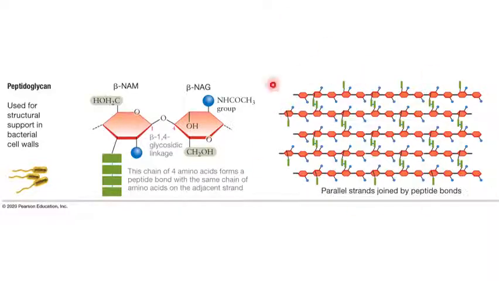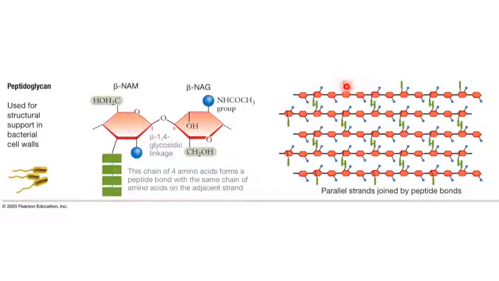If you zoom out on that structure, you're going to see your straight chains of peptidoglycan. Anytime you build a polysaccharide with the beta-1,4 glycosidic linkages, you get a straight chain like this, in which each sugar is facing the opposite direction as the sugar to either side of it. These chains are going to be stacked on top of each other, and they're not going to be attached with hydrogen bonds. Instead, they're going to be attached with covalent bonds between the peptide bits.